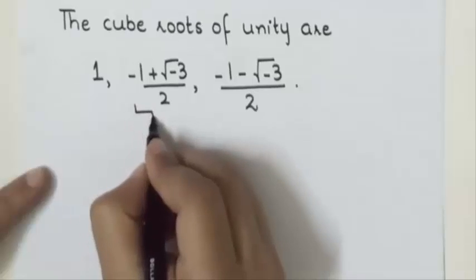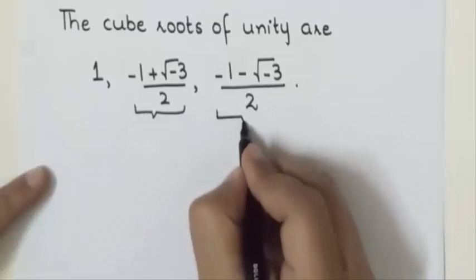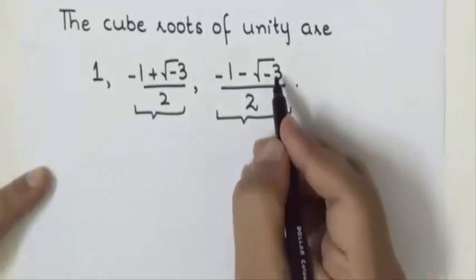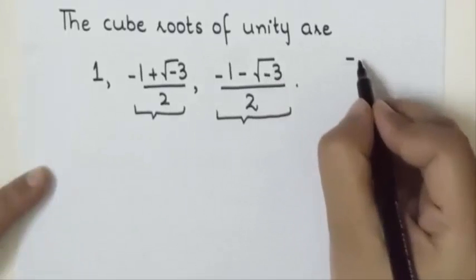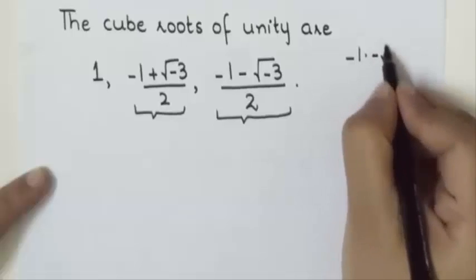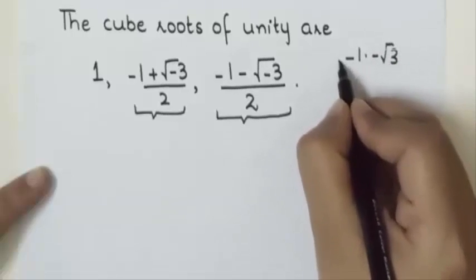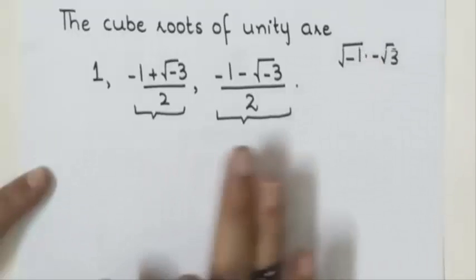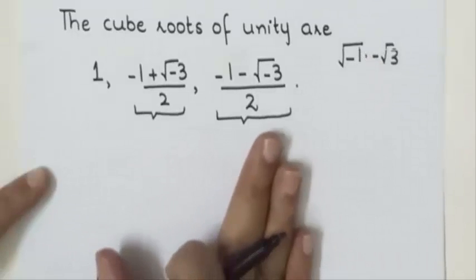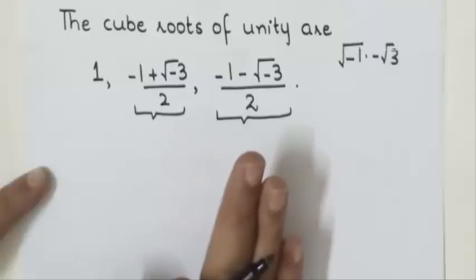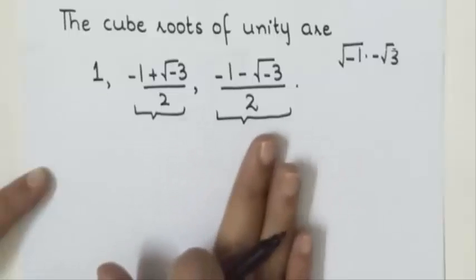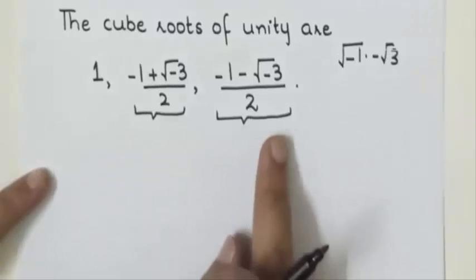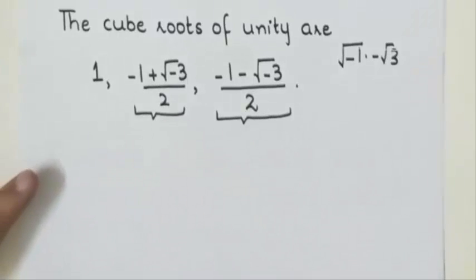Since these two roots have a sign of iota, because of the square root of -3, which means square root of -1 times 3, and the square root of -1 is iota. Since these two terms contain iota, they are called the complex cube roots of unity.